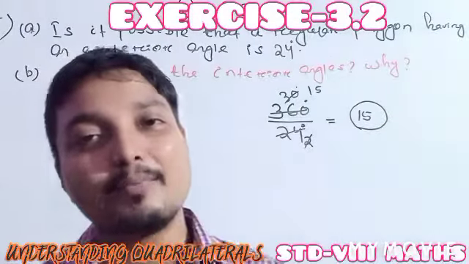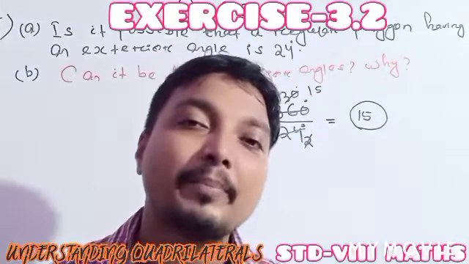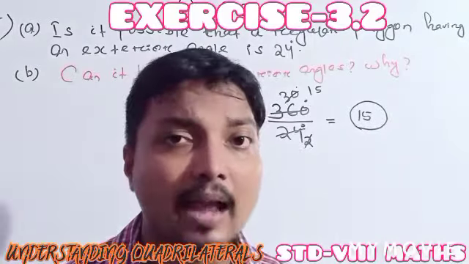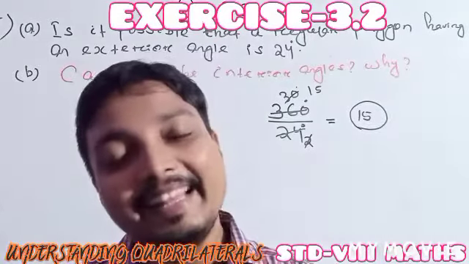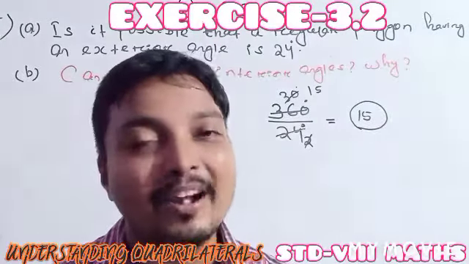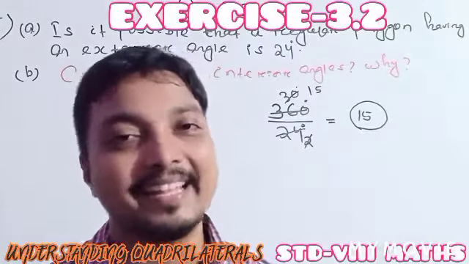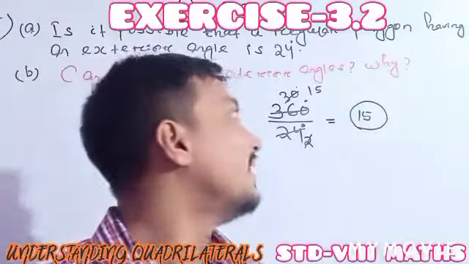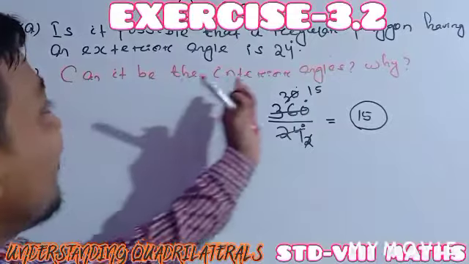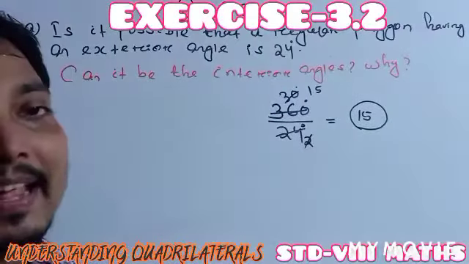So whenever we choose a regular polygon having 15 sides, each exterior angle measures exactly 24 degrees. Ready? First question solved.